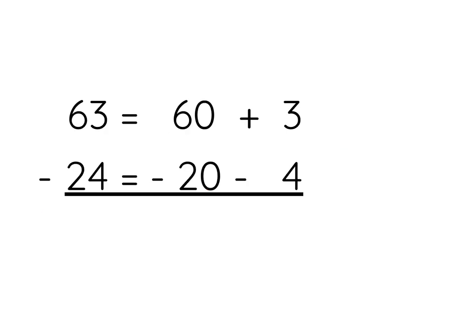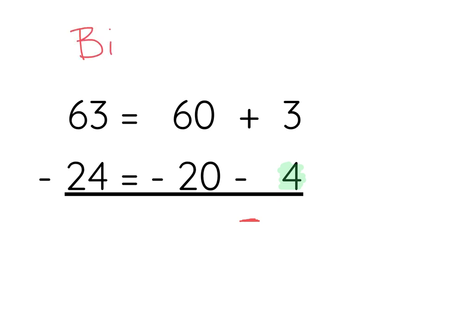All right, 63 minus 24. Now, before we even start, we should look for our big digits, and you can see that 4 is bigger than that 3, which means that it's going to have a negative answer there. Anytime your big digit is on the bottom, you're going to have a negative.